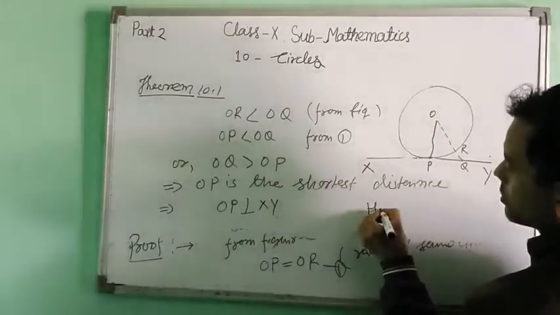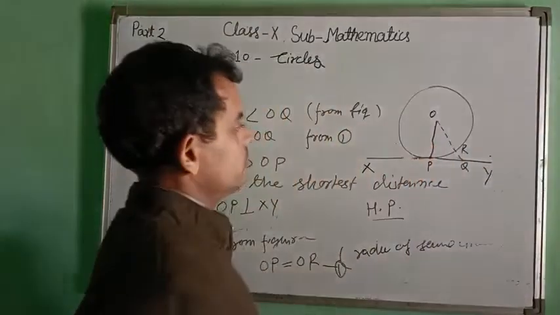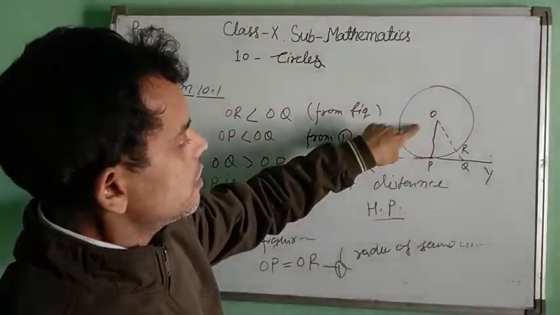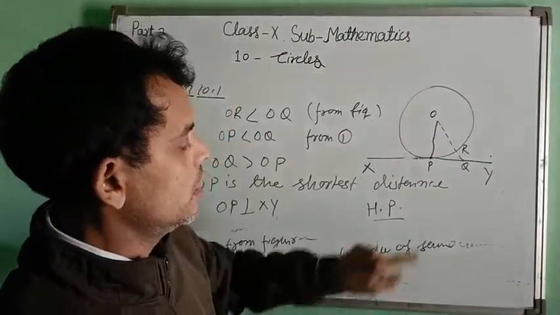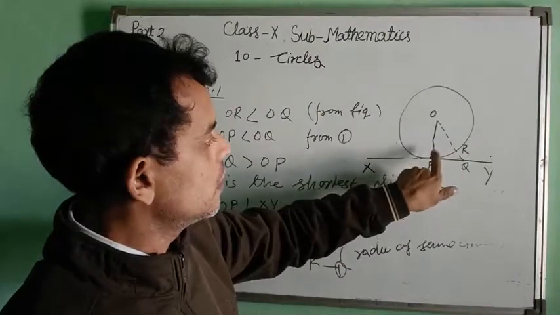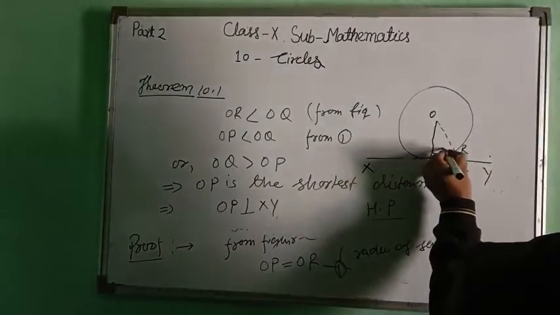Hence proved. Okay, so if the center is joined to the point of contact, then it will create 90 degrees. You always remember it.